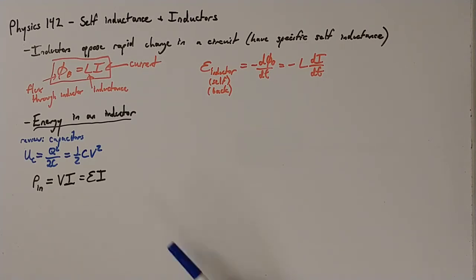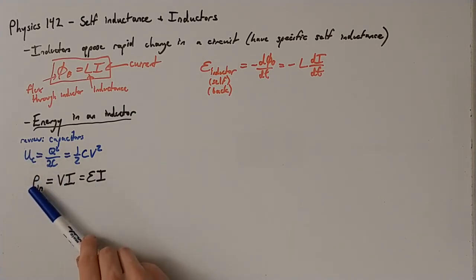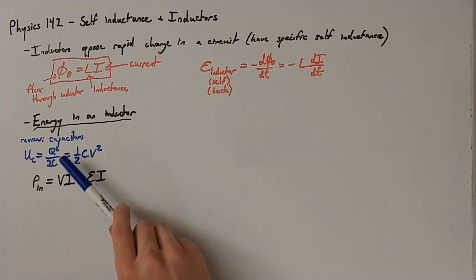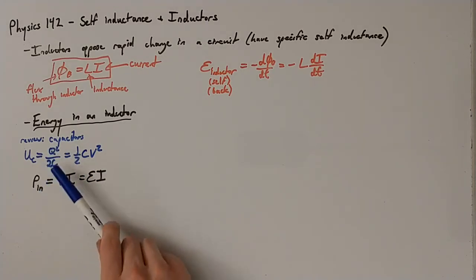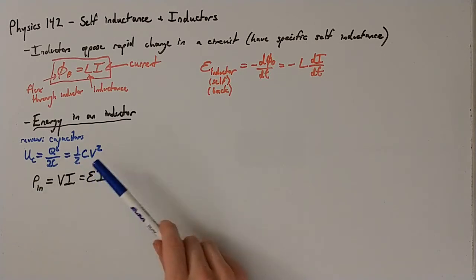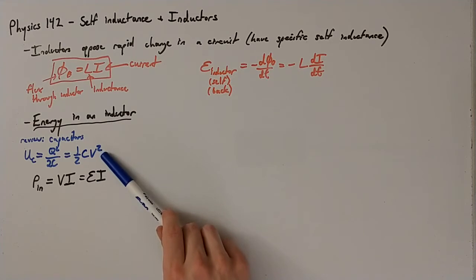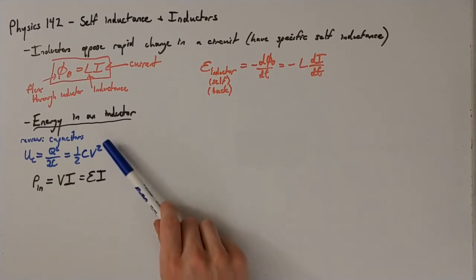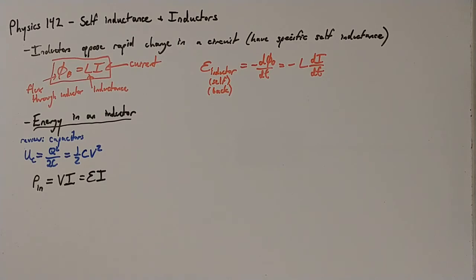We wrote down earlier in the semester that the energy stored in a capacitor depends on the amount of charge you're putting on the capacitor: Q squared over 2 times the capacitance. Or another way we wrote it is 1/2 times the capacitance times the potential across the capacitor squared, 1/2 CV squared. That is how we could calculate the energy stored in a capacitor.